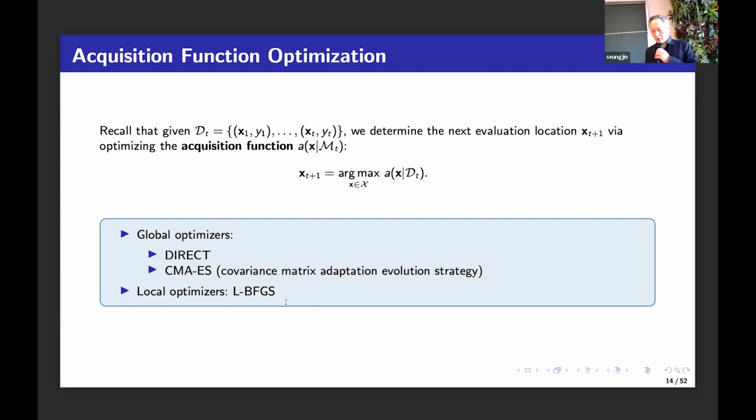But I was interested in what performance degradation occurs if we use L-BFGS instead of the global optimizers.